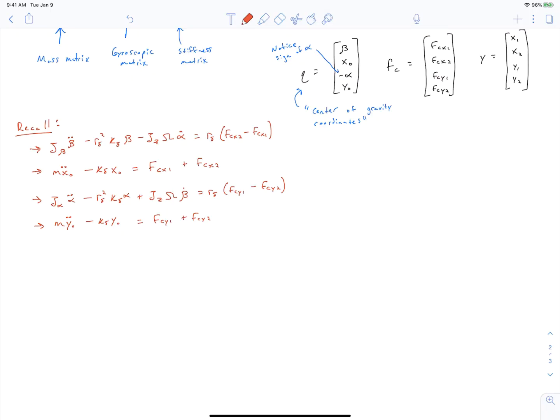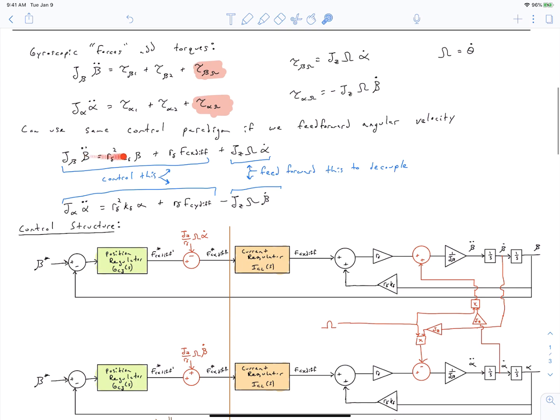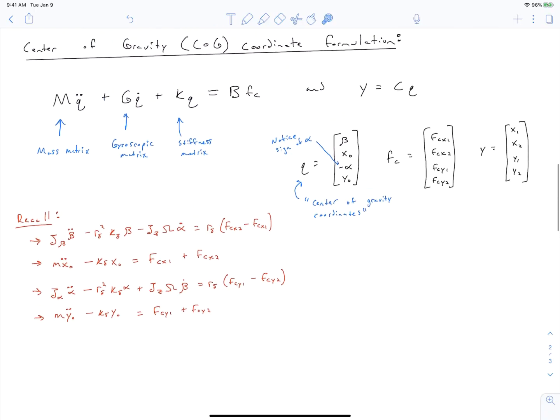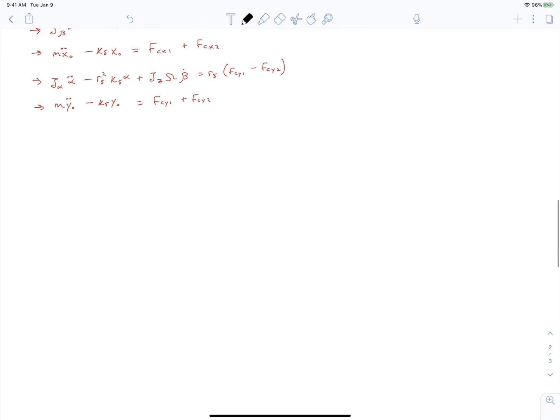I've just taken, for example, these differential equations right here, and I've moved this term and this term over to the left side. So these are all the equations that you're already familiar with. We've derived them in the last several videos. I've just moved some terms over to the left side, so that's conducive for writing our matrix form out like this. And now I'm going to write out the matrix form of these equations.